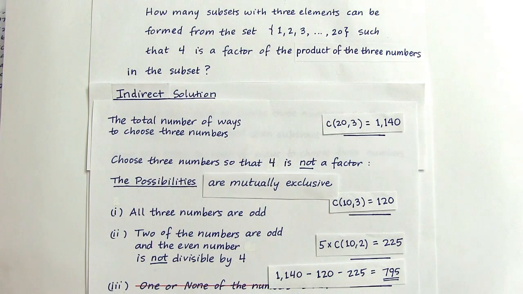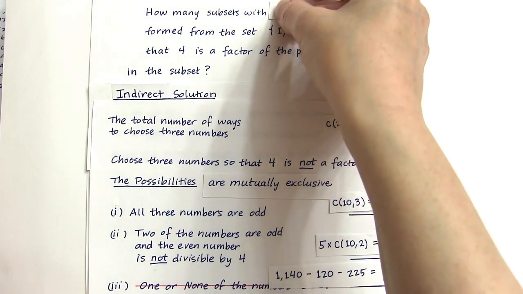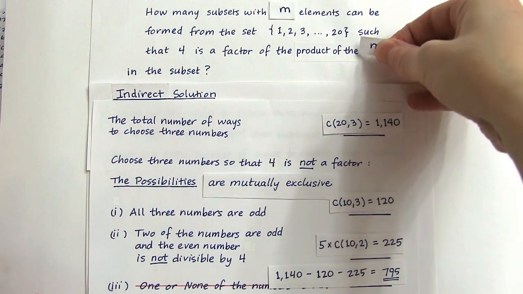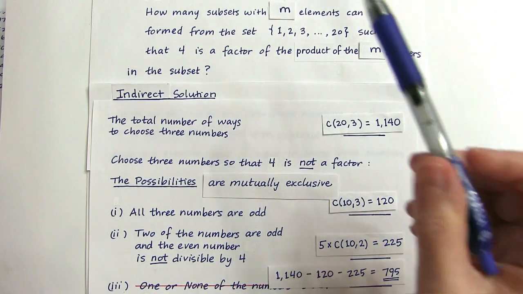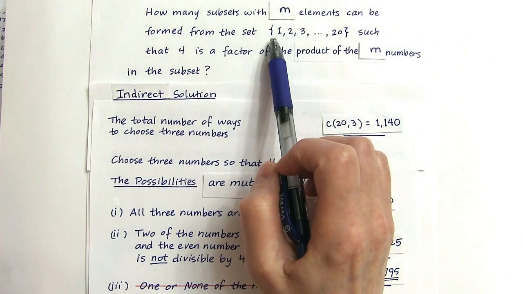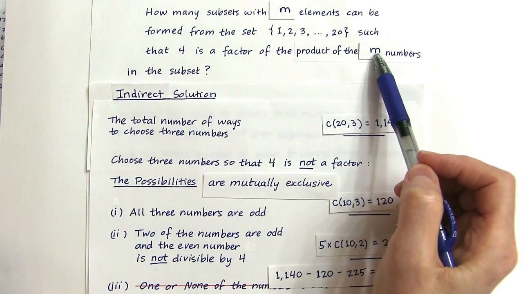However, if we change the problem a little bit, then the method we choose could affect the time and effort needed to solve the problem. So we could change the problem like this. And so now we're asking, how many subsets with m elements can be formed from the set of the first 20 numbers so that 4 is a factor of the product of these m numbers?